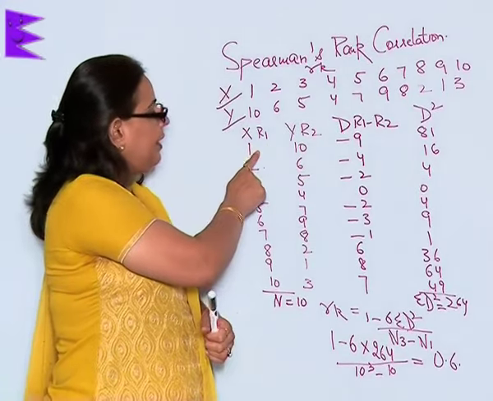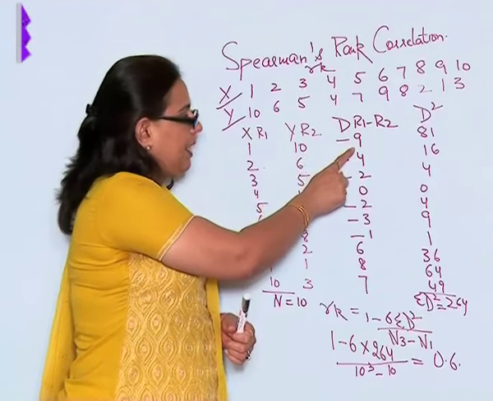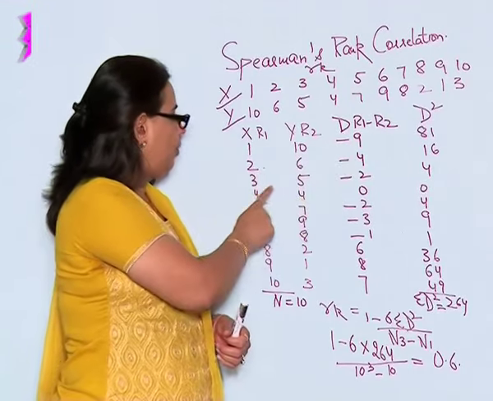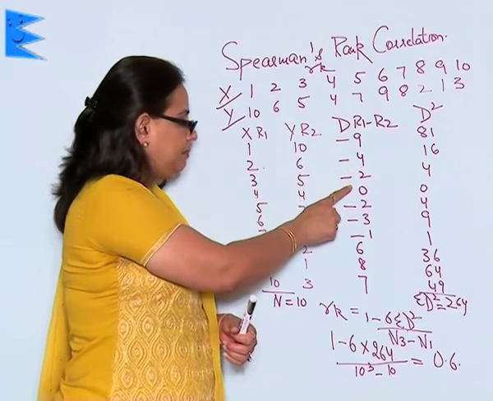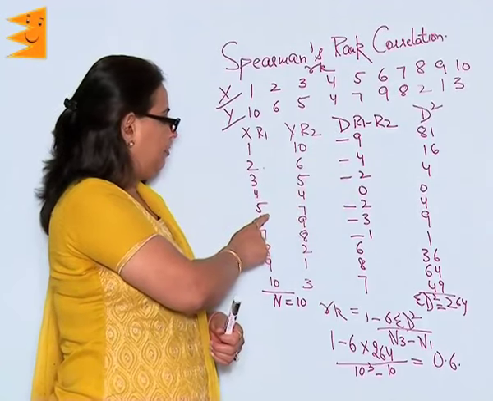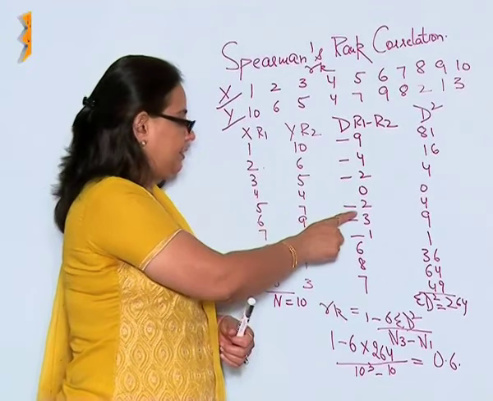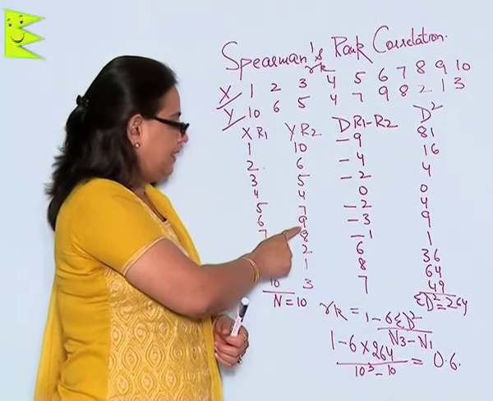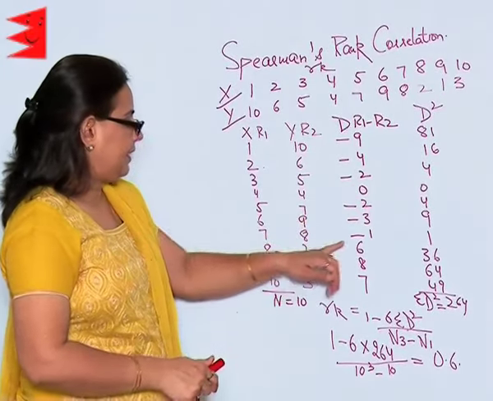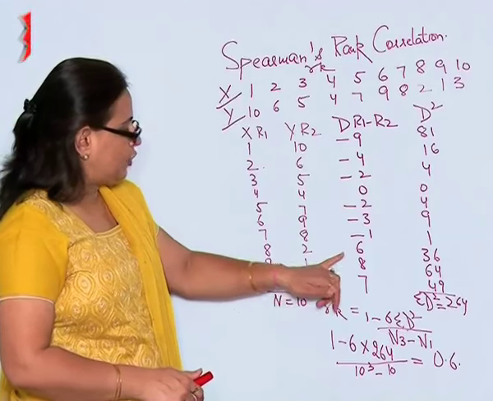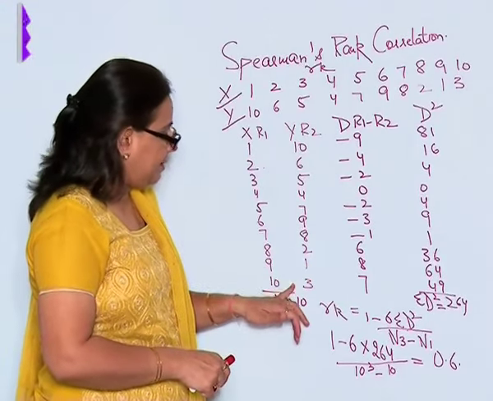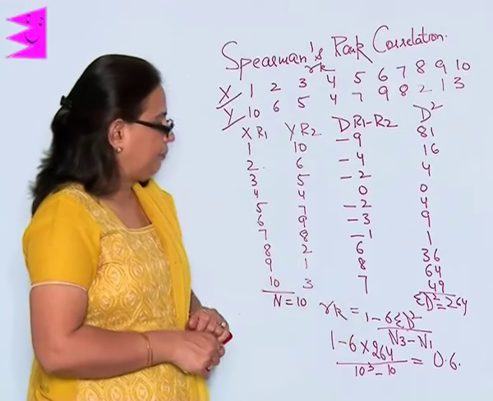So, 1 minus 10 will give me minus 9, 2 minus 6 is minus 4, 3 minus 5 is minus 2, 4 minus 4 is 0, 5 minus 7 is minus 2, 6 minus 9 is minus 3, and 7 minus 8 is minus 1, 8 minus 2 is 6, 9 minus 1 is 8, and 10 minus 3 is 7.